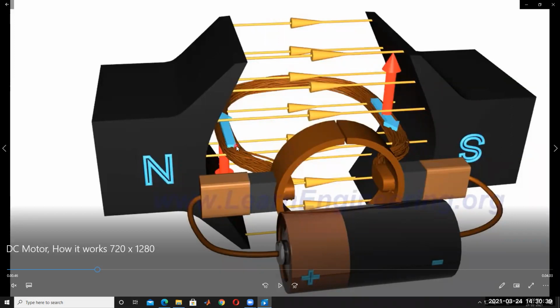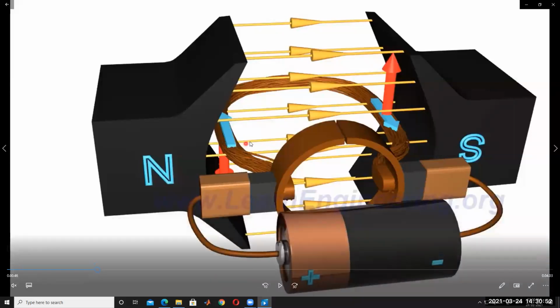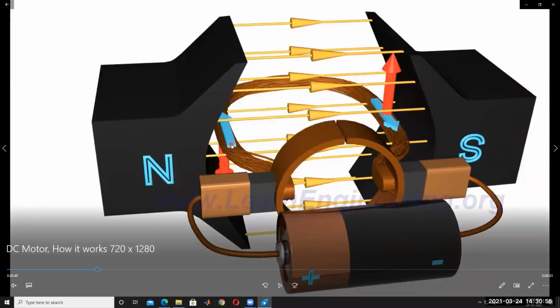According to the Fleming left-hand rule, there are three fingers, the thumb, the middle finger and the point finger, placed perpendicular to each other. The point finger indicates the flux direction, the middle finger indicates the current direction, and the thumb indicates the force or torque direction.